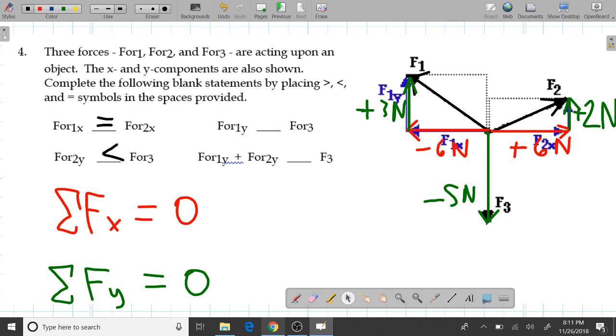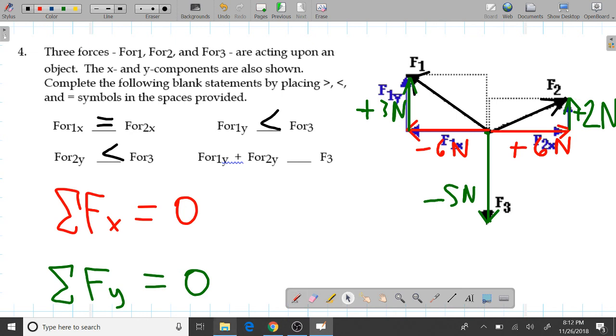How does this force compare to force 3 acting downward? Once again, since all my forces in y must add up to 0, if I solely focus on that component, 3 newtons is obviously less than 5 newtons if we're solely focusing on the magnitude. So this is also less than.